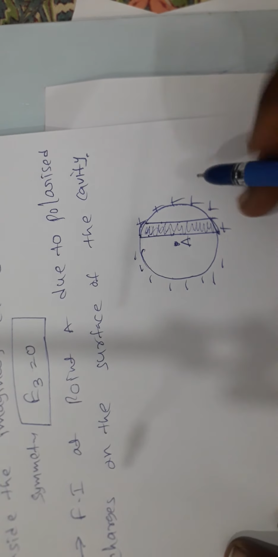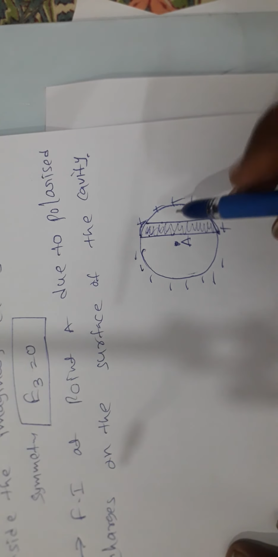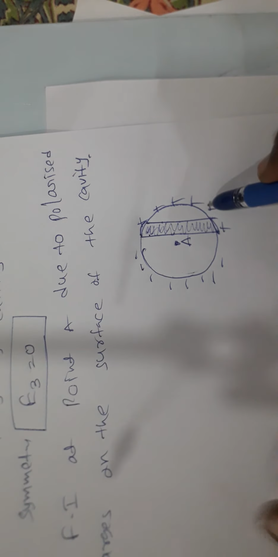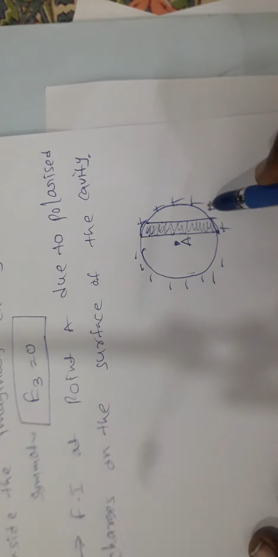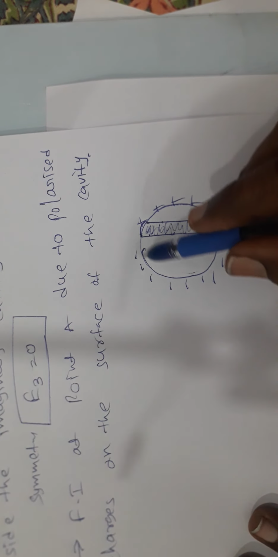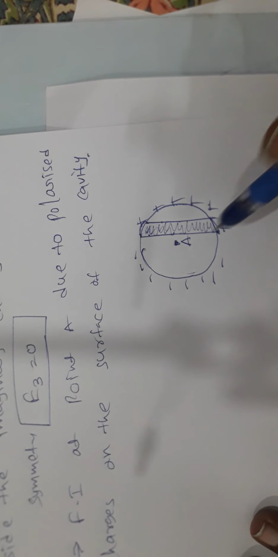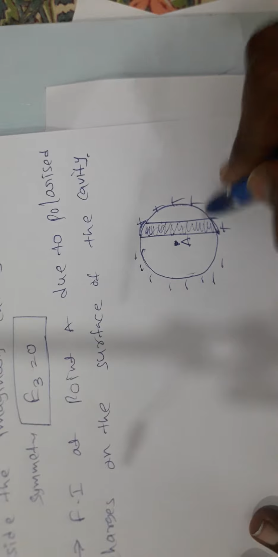After that we have to integrate over the total cavity. So we finally integrate dE4 to get E4. So first we take the inside, this is the cavity. Now this is the atom center at point A. Now we are selecting this small area.